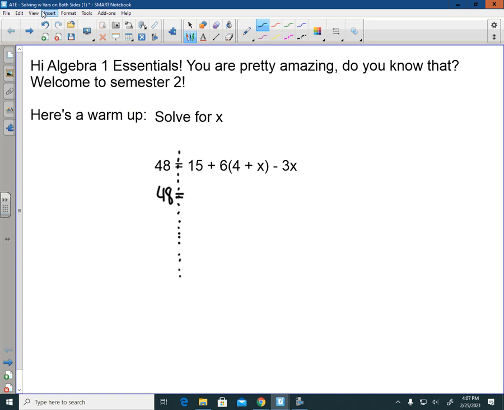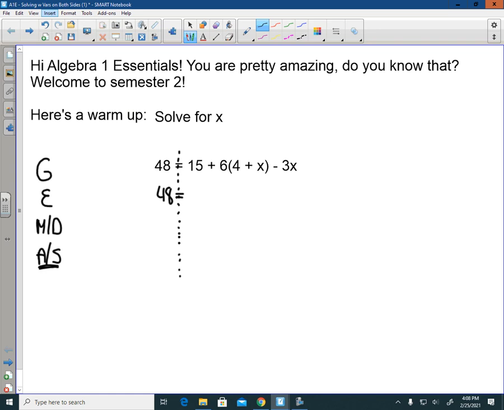You take care of grouping symbols first, then exponents, then multiplication and division in order from left to right, and then addition and subtraction in order from left to right. If you start with 15 plus 6, you're starting at the end with addition and subtraction, and that's not where you're going to start.